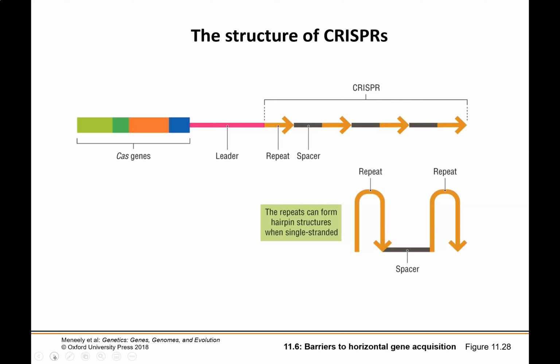So in bacteria, there was this set of sequence that contained these repeat sequences, where there were repeats followed by spacers, and each of the spacers was different, but all of these repeat sequences were the same.